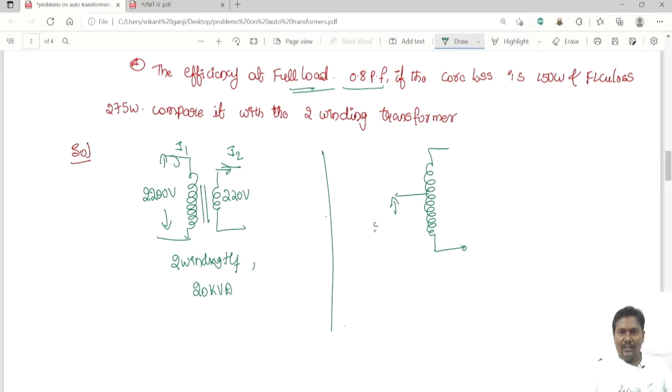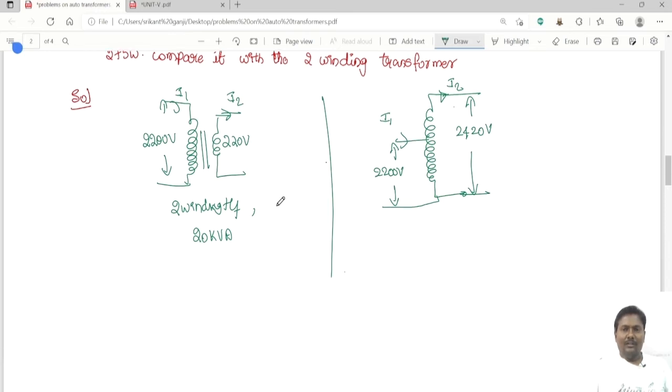So the input voltage is 2200 volts, and the output is now 2420 volts, and the current now is I1, and this one is I2. Now this is I1 minus I2.